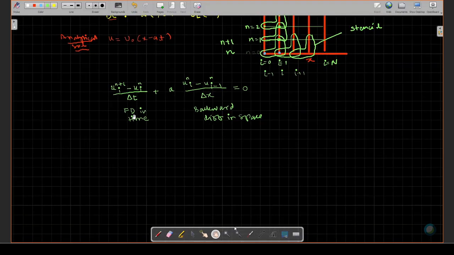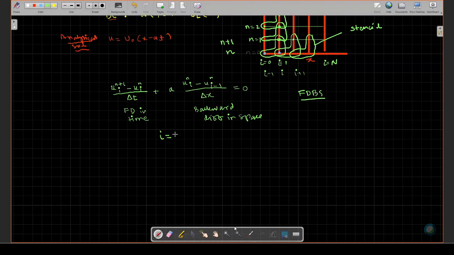Forward difference in time and backward difference in space. Such schemes are called FTBS, short form for forward in time, backward in space. But this discretization is for i equals 1 to N, because we have a boundary condition here.